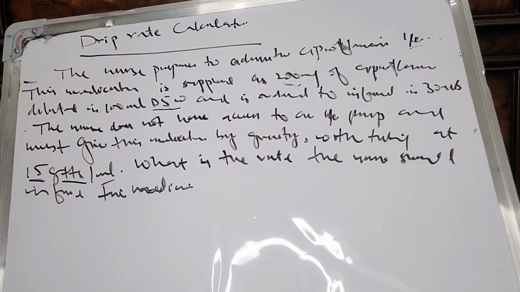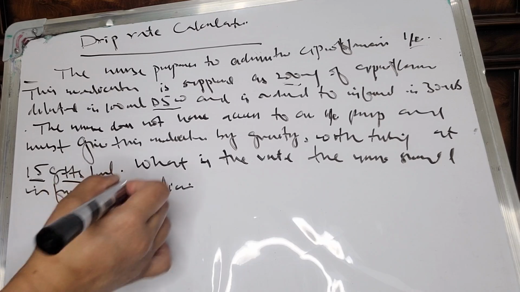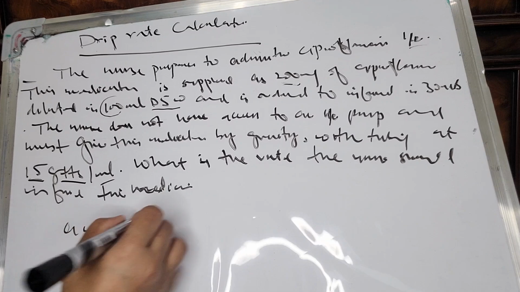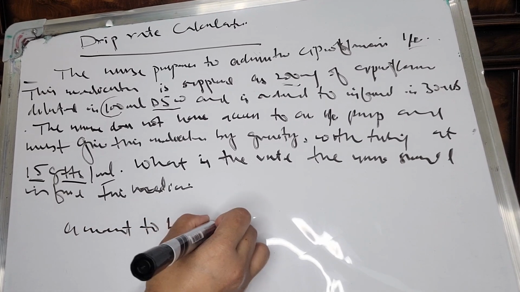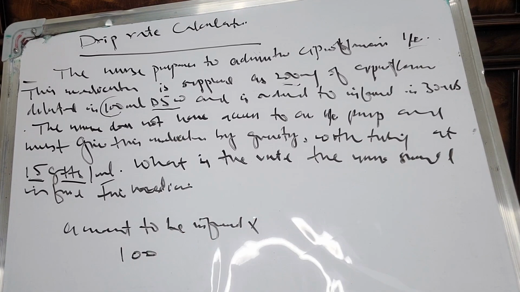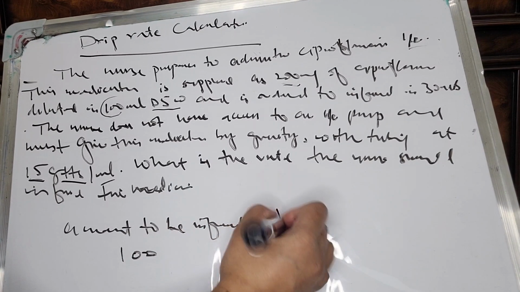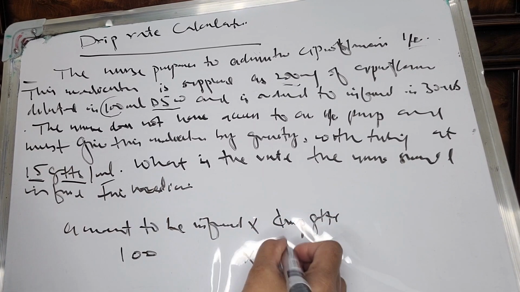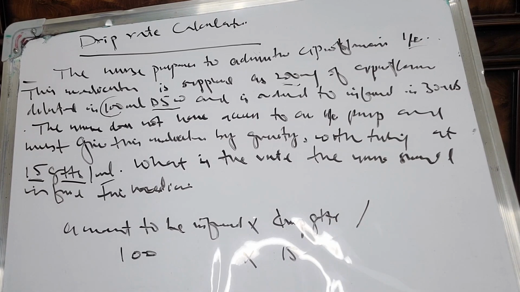So we will use our formula. The nurse should use the amount to be infused. What is the amount? 100 ml. Then multiply by the drops, GTTS. How many drops? 15. Then divided by the minutes for infusion.